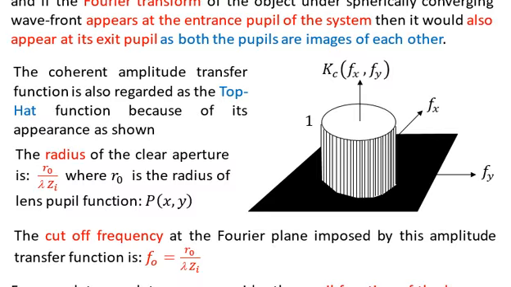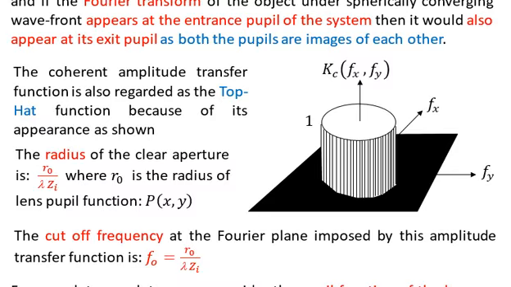as shown. We have shown the transfer function Kc as a function of fx and fy. It has a maximum amplitude equal to 1, which we have labeled there, and there are two Fourier frequencies, fx and fy. In this clear region the Fourier frequencies can pass, and in the opaque region, which we have shown as black, the Fourier frequencies will be completely stopped.